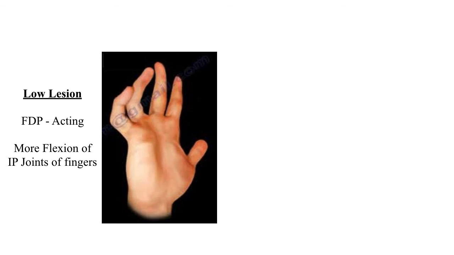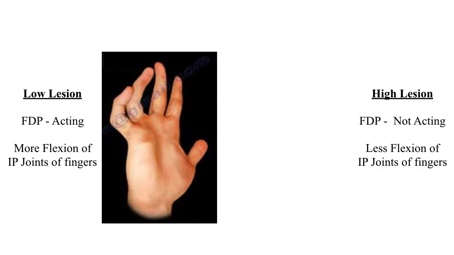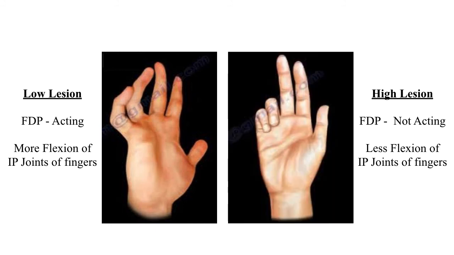As you see, this picture is a classical claw hand, that is metacarpophalangeal joint hyperextension and flexion of the interphalangeal joint, and this happens in a low lesion, that is, lumbricals action is lost but the flexor digitorum profundus is acting, and hence flexion of the fingers is well marked, whereas in a high lesion the flexor digitorum profundus will also not work, and that is the reason why the claw hand will be less deforming.